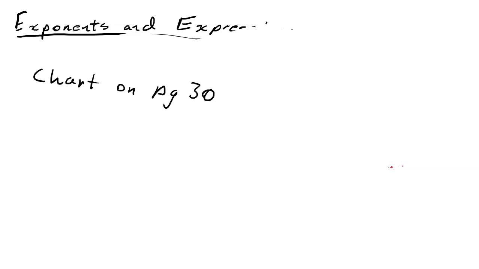That's very crooked, but there's a chart on page 30 and it tells you all the words that can go with addition, subtraction, multiplication, division. It'd be really hard for me to write that here because there are a lot of different ways to say this. But this is something we went over in class, and I hope it's still fresh in your mind. But if you need help, look on page 30, and they'll give you a chart of words that you can use to understand how to translate words into expressions.